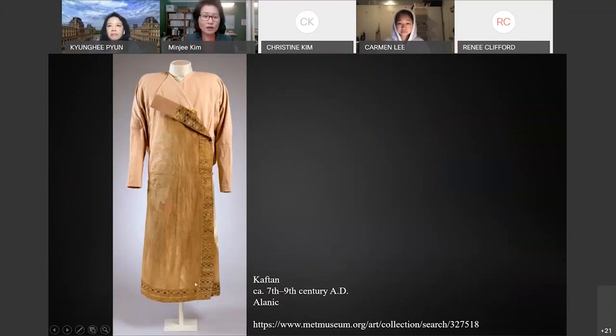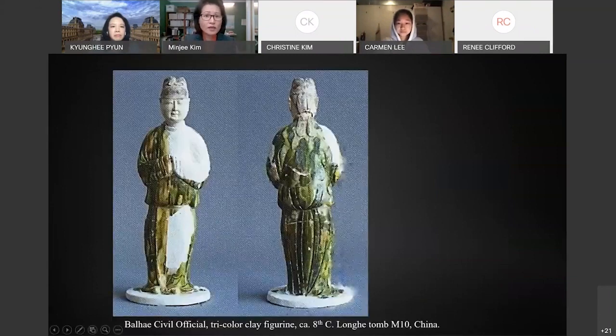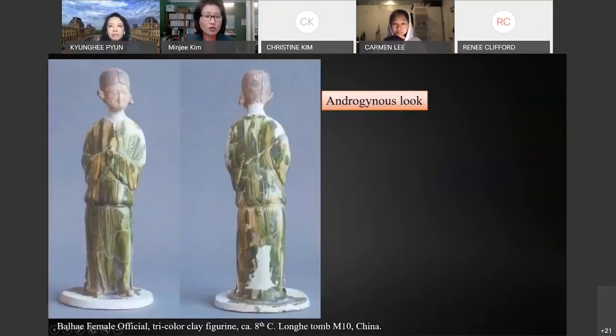So you can research further in the Metropolitan Museum of Art collection. And this is a kaftan dating to the 7th to 9th century, which corresponds to the period we are talking about, the northern and southern states period in Korean history. And this shows Balhae's Dalyong, the round neck robe, and this was worn by men, but this Dalyong was worn by women as well.